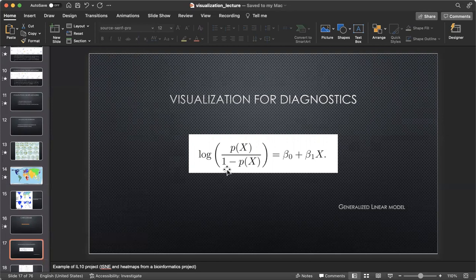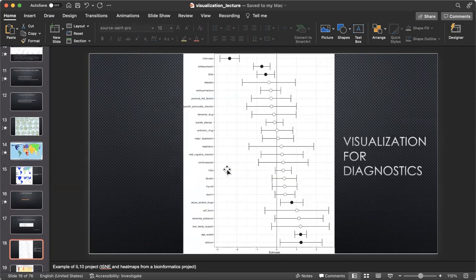Once you do this sort of transformation, or this link function, then you can relate it linearly to your data. One way to visualize this kind of logistic regression model is to look at these odds ratios. A few years back, I did a project on mental health prediction.